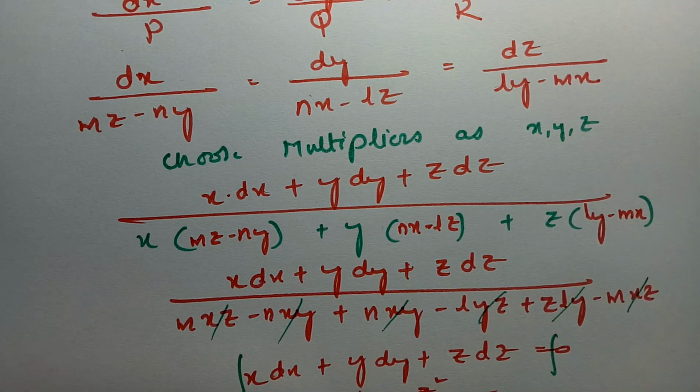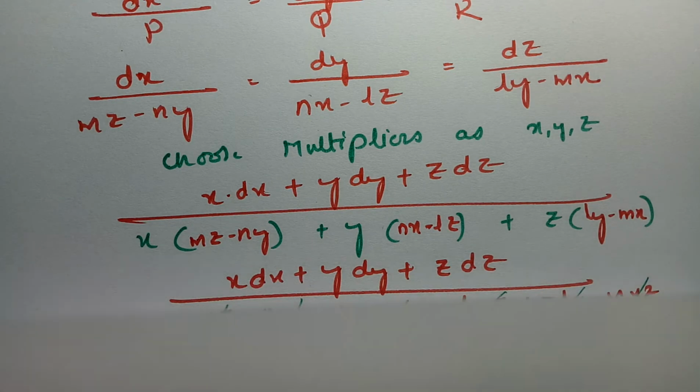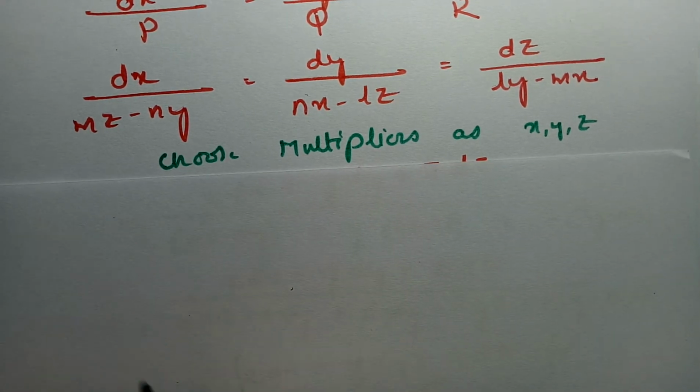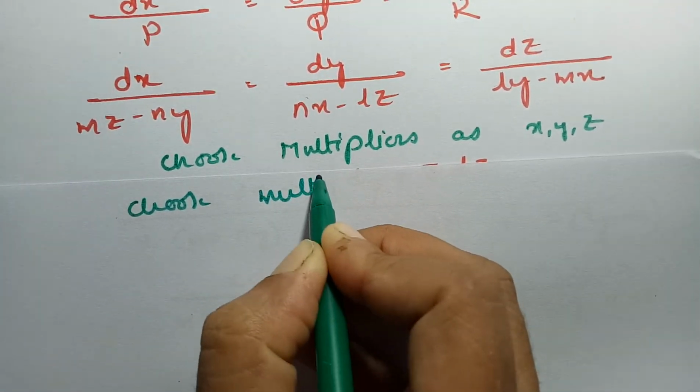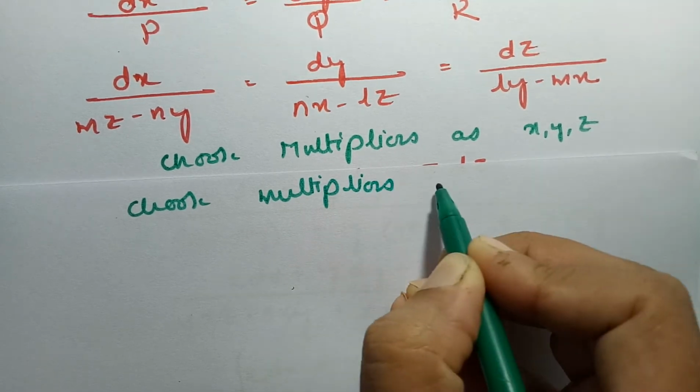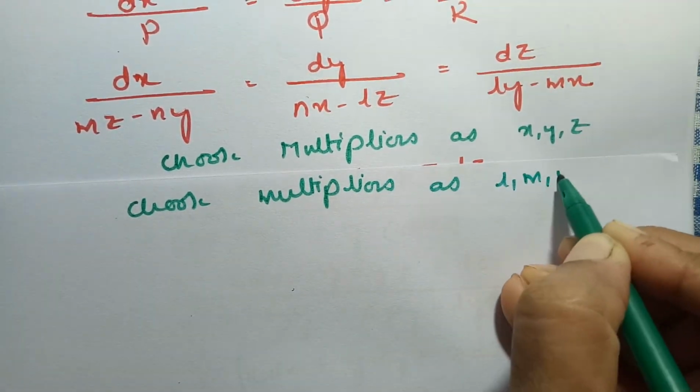If there is a possibility of taking other multipliers, I have to choose the multipliers as L comma M comma N this time.